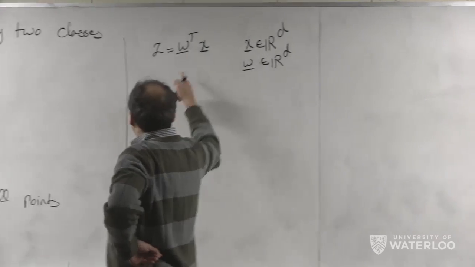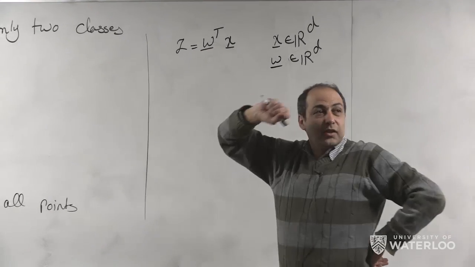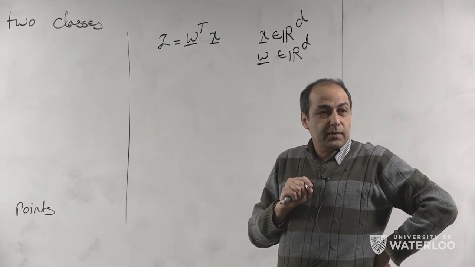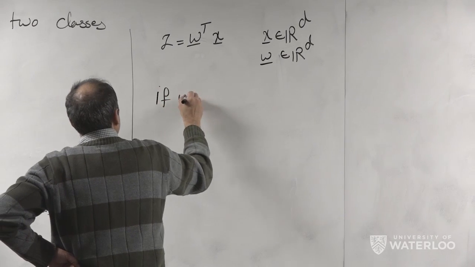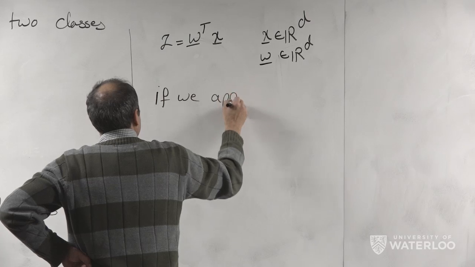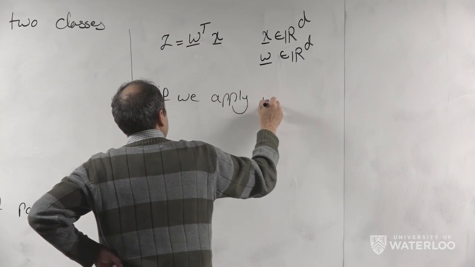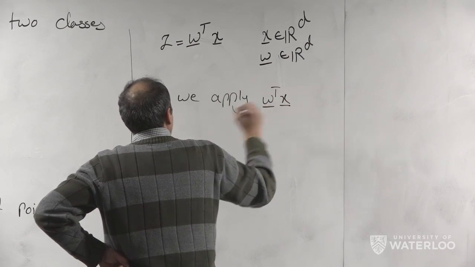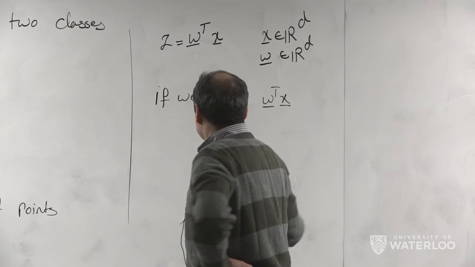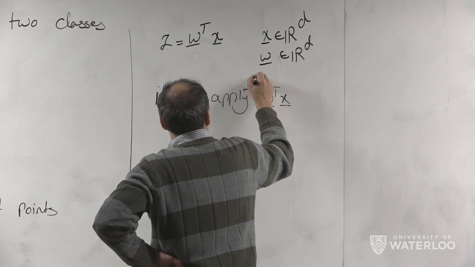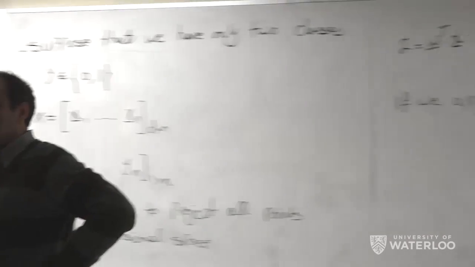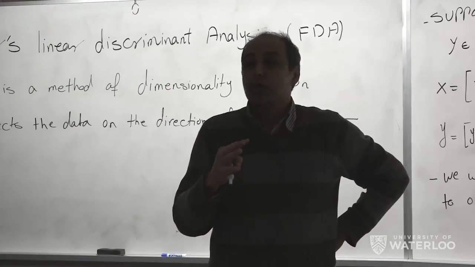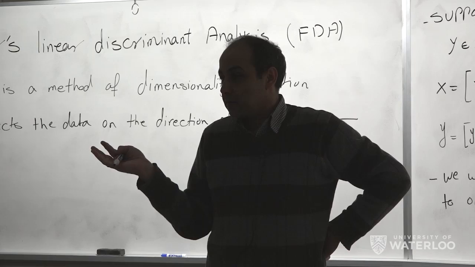So if I apply a projection to a data point, what's going to happen? I apply this projection to all data points. What's going to happen to the mean of these points?